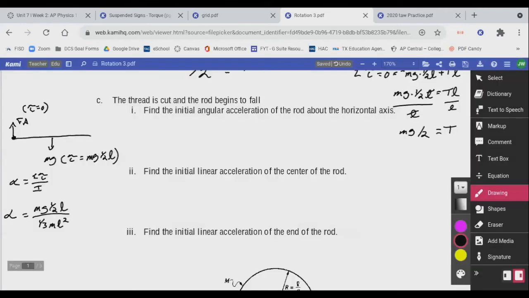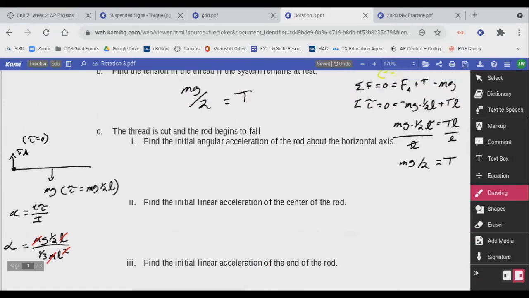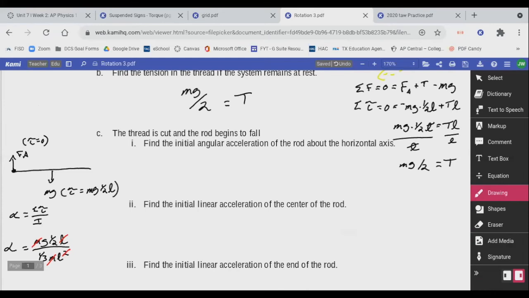Let's do red. The square takes care of the L. M takes care of the M. And then the 1/3, we can put the 3 on the top, and the 1/2, we can put the 2 on the bottom. So when we clean this all up, we would have what? 3g over 2L.